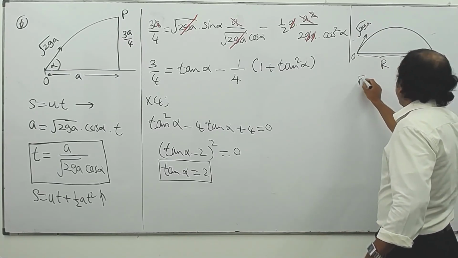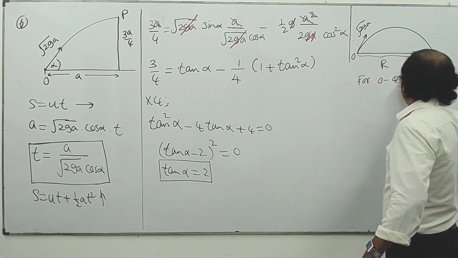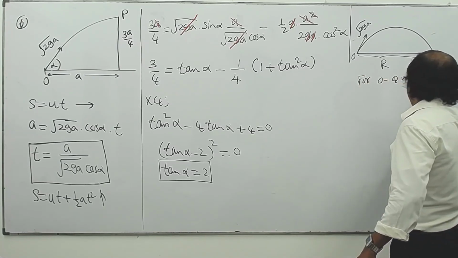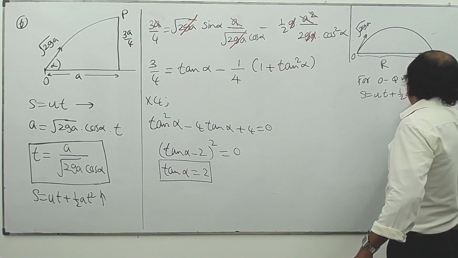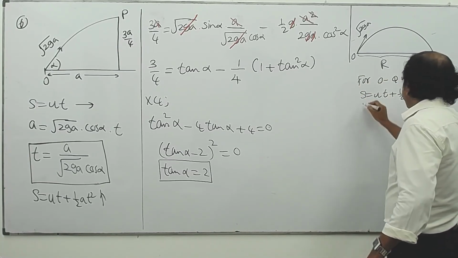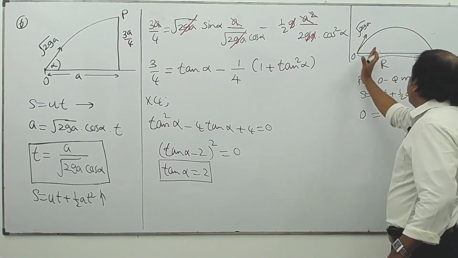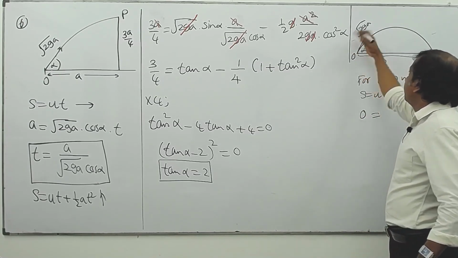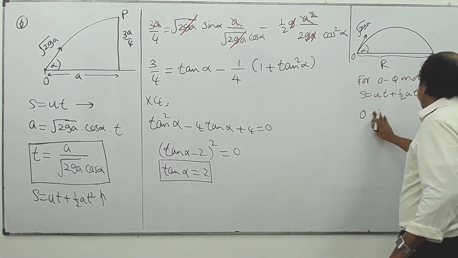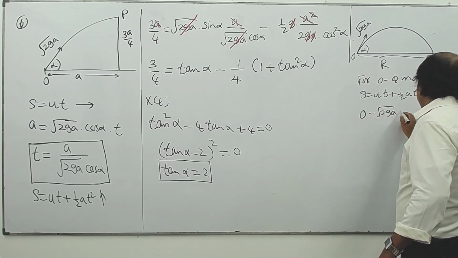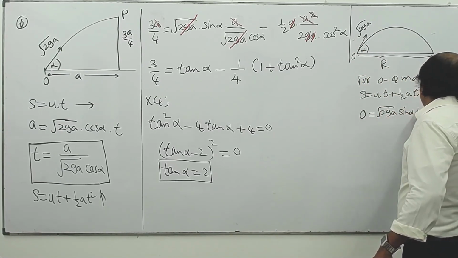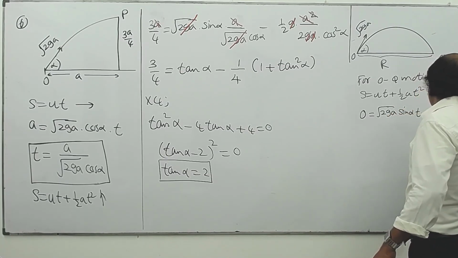I can write for O to Q motion, we apply S equals ut plus half at squared in this direction. This has become 0. Here this angle alpha, root 2 ga sin alpha coming now: root 2 ga sin alpha t minus half gt squared.